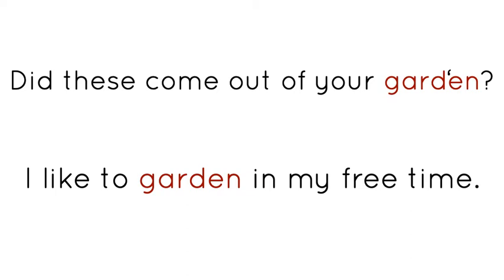And you listen to that second syllable and it's that schwa sound, that unaccented vowel sound, versus I like to garden in my free time. Here we hear the E a little bit more clearly versus the schwa. Because this is a verb, I am doing this. This is something that is happening within my actions. I like to garden in my free time.